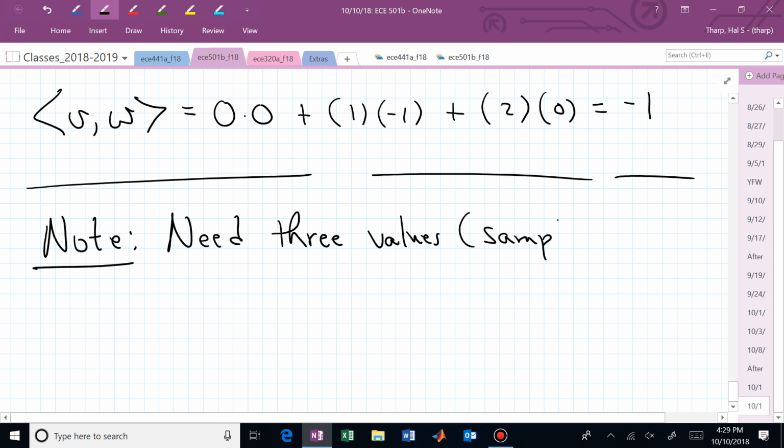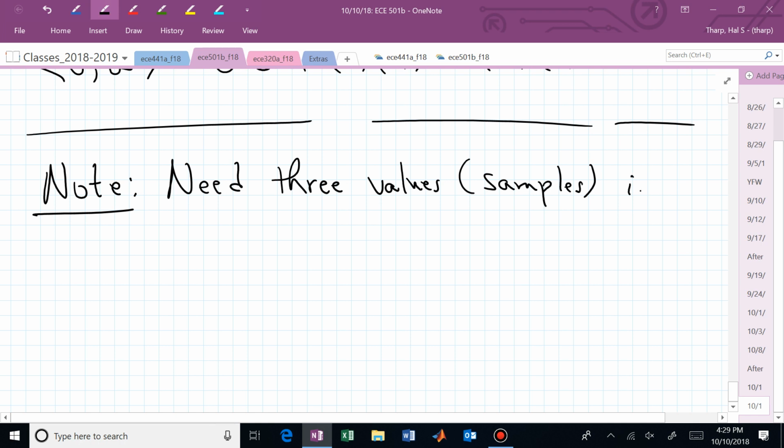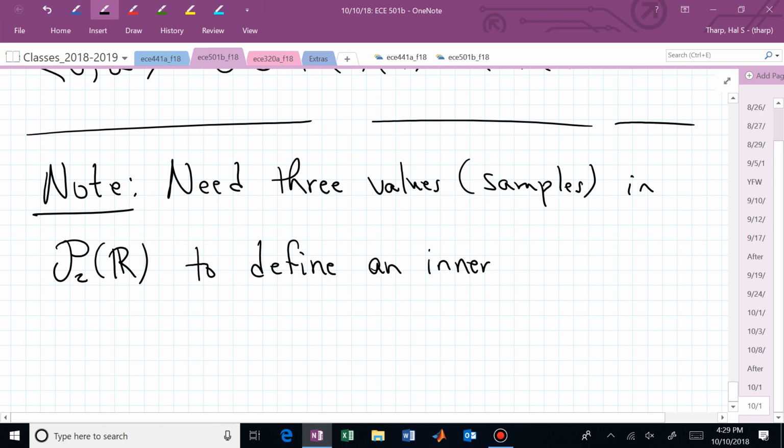We're sampling these polynomials at 3 points and then forming their product at those 3 points. Samples in P sub 2 of R, and that sub 2 is critical, to define an inner product.